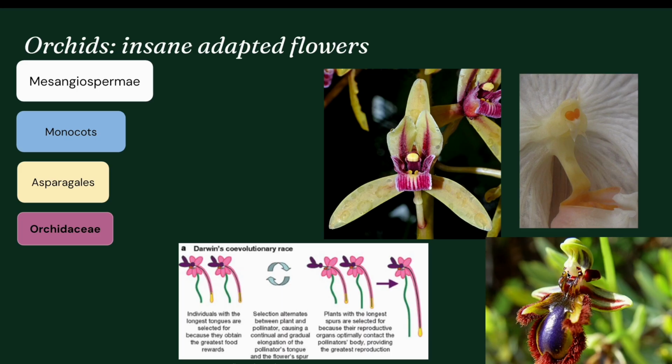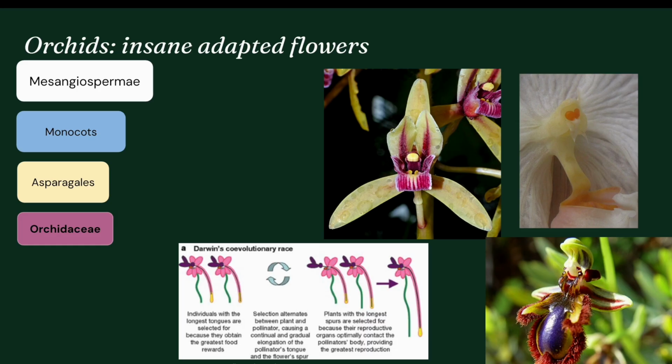And another thing is that some of the orchid flowers are so highly adapted that they are great examples of mimicry in plants. Some of these flowers have become so specialized towards a specific pollinator that they start to look like other individuals of that pollinator species. And this is a phenomenon called Pouyannian mimicry.